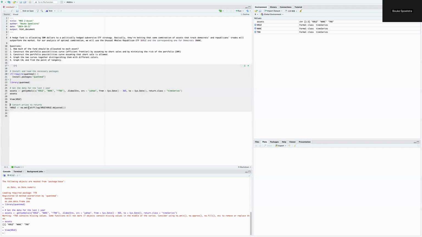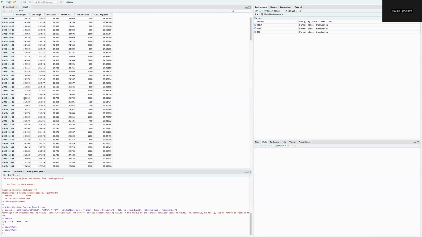So we're going to take that column and find the difference of logs. This is one way to find the returns. The other way is with the discrete formula, which would be this value minus this value divided by this value, which would be the discrete returns. So the period ahead minus the period now divided by period now.